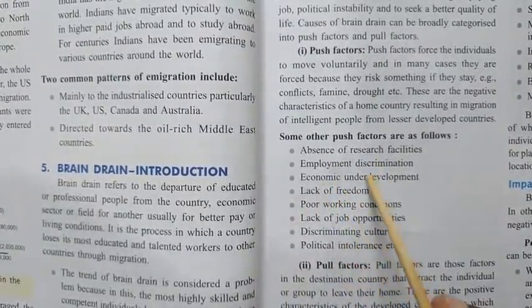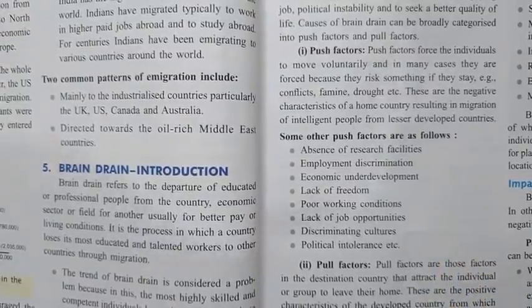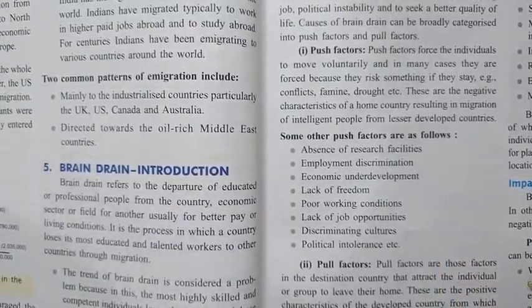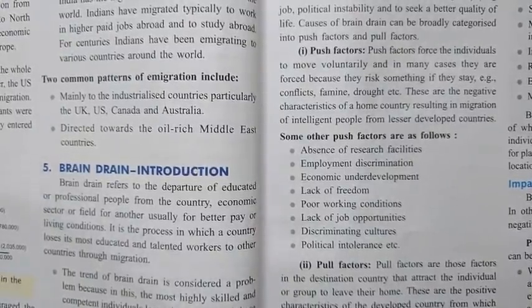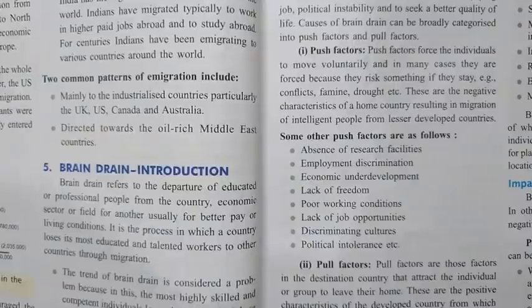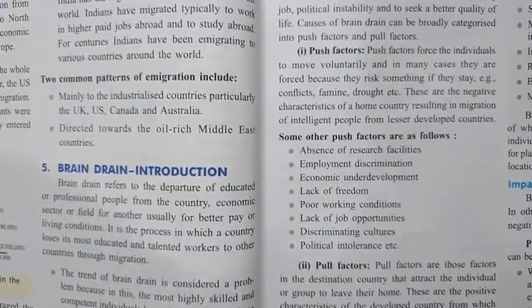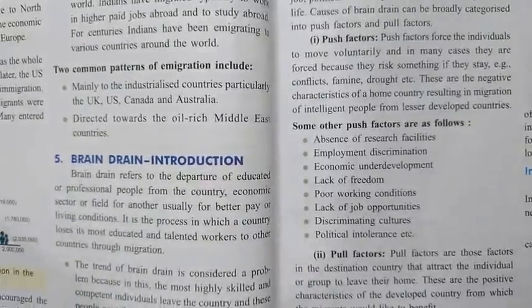Second is employment discrimination back at home, when they see so much discrimination in Indian organizations. Even after so much hard work and dedication, they are not promoted, and nobody respects them.